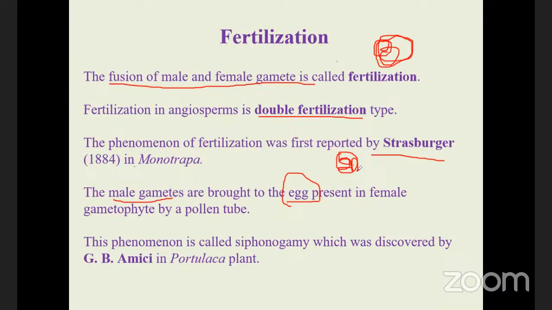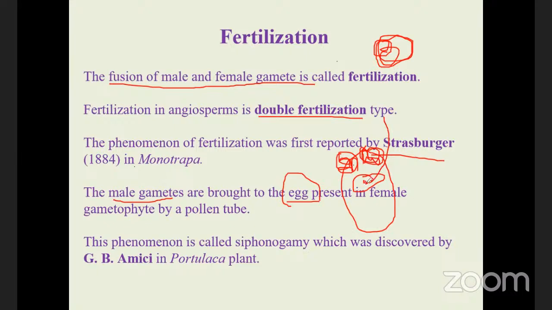The second fertilization is the second male gamete fusing with the polar nucleus in the embryo sac. The fusion of the first male gamete with the egg cell, forming the embryo, is called as syngamy.